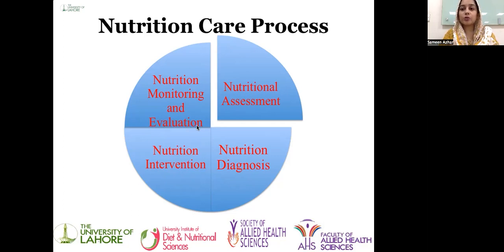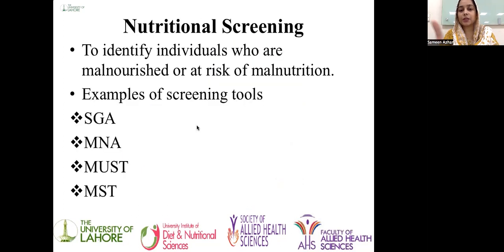We are going to go on to the first step, which is nutritional assessment. But before that, we need to talk about nutritional screening. Nutritional screening is the prerequisite to nutritional assessment, which is the first step of nutrition care process. Nutritional screening is to find out individuals who are at risk of malnutrition.